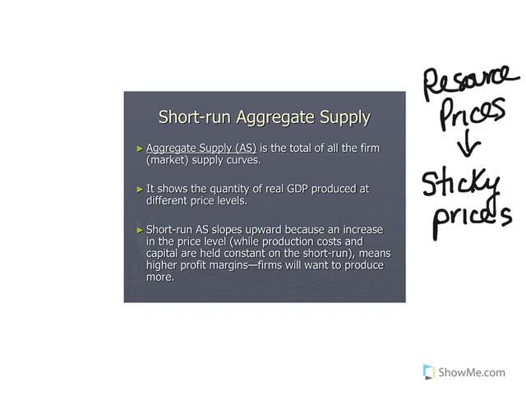In other words, your wages will adjust in the long run, but in the short run, your wages remain constant. So the prices are going up, but the resource cost of labor is staying the same. So that's why a firm will be willing to increase the supply in the short run because their profit margins will increase. The price that they're charging for the good is increasing while the cost of their resources remain constant.